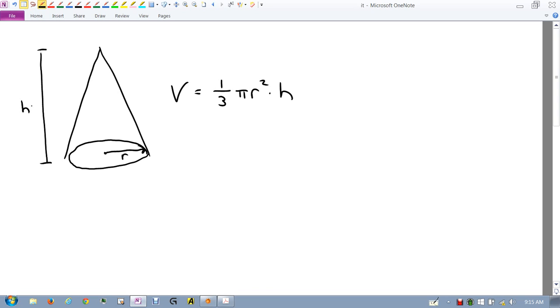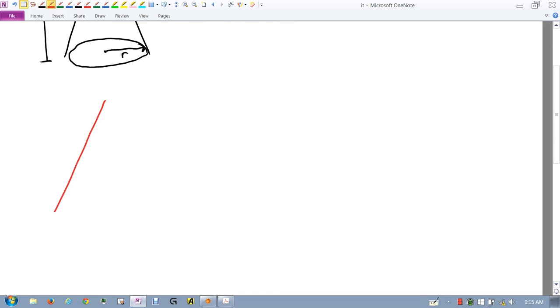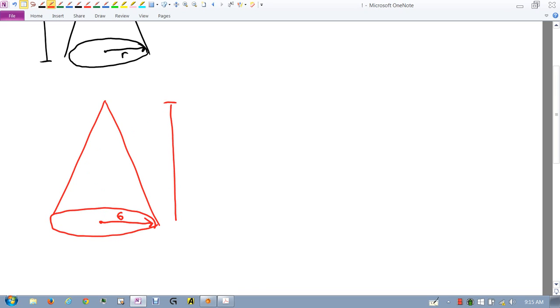How could we do that using this rotation thing? Any ideas? Let me give you a specific example and see if you could come up with a way to find the volume of this without the formula, of course. What if your radius here was 6 and the height of this thing was, I'll make the numbers nice, 8.